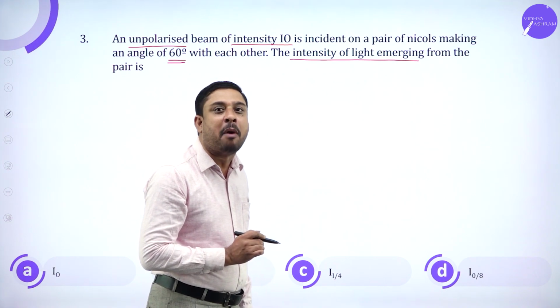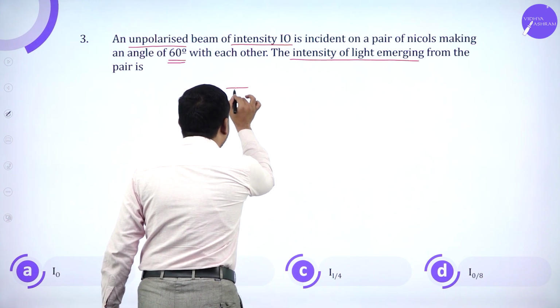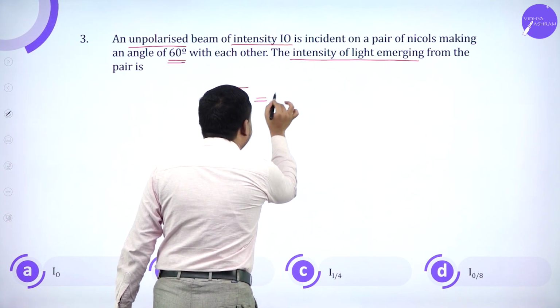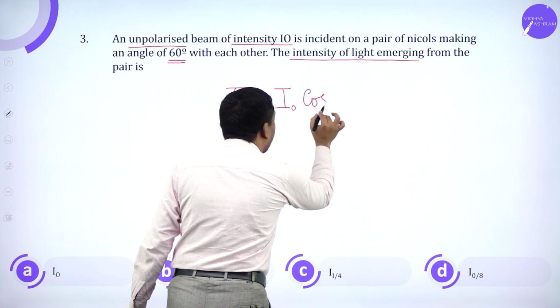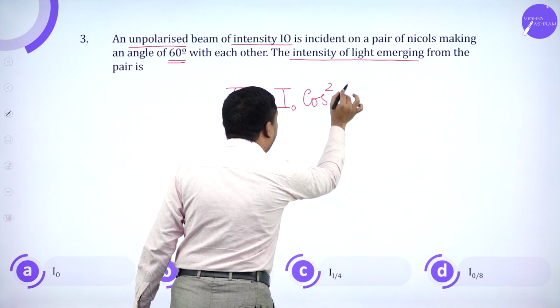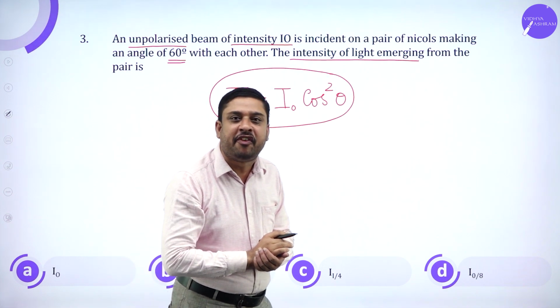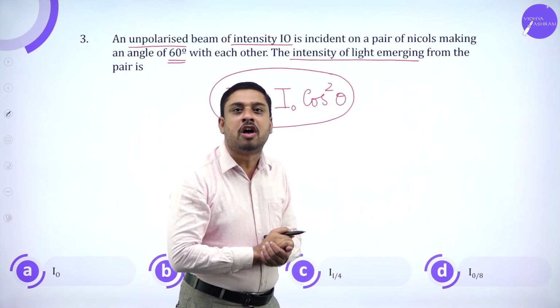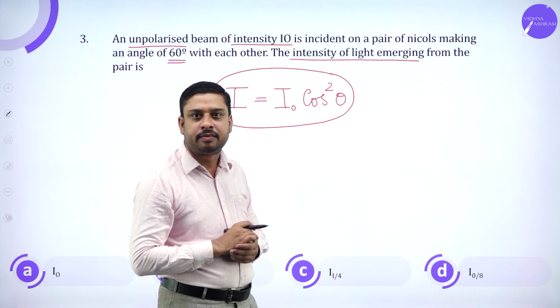So what did Malus's law of polarization say? I is equal to I0 cos squared theta. So this expression was referred to as Malus's law of polarization.